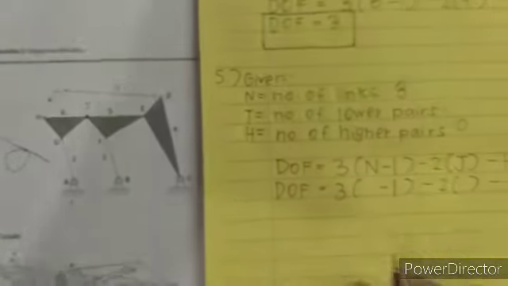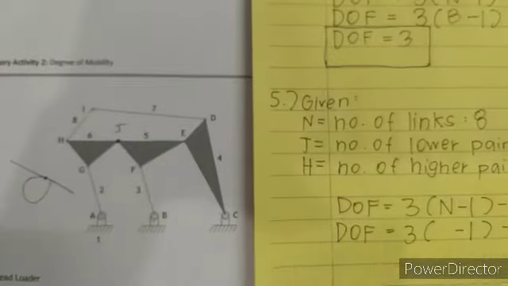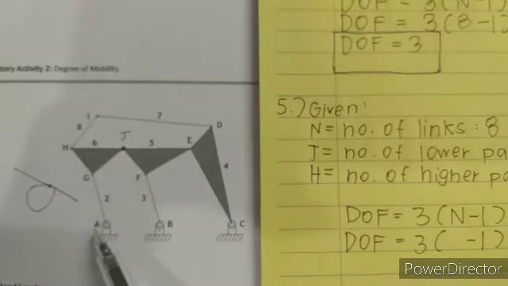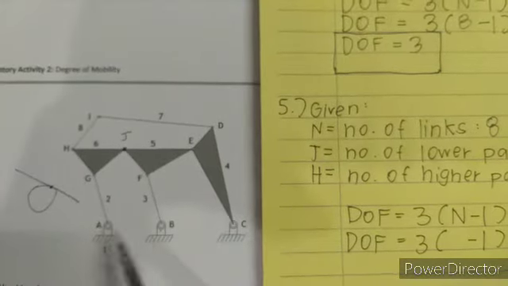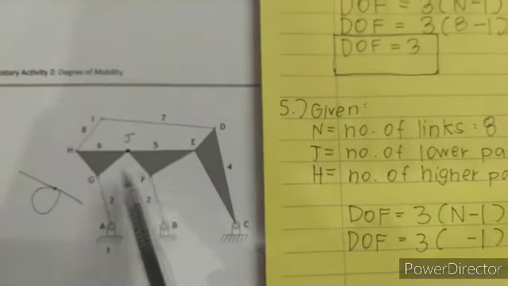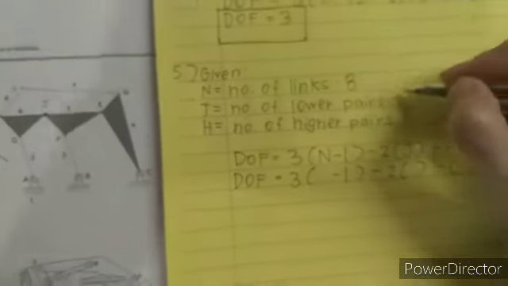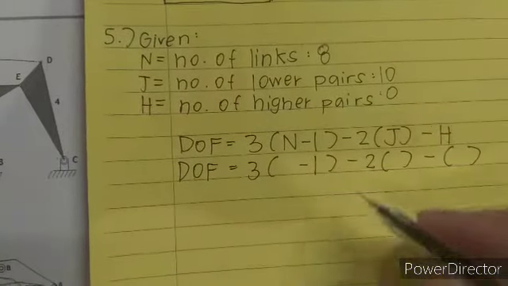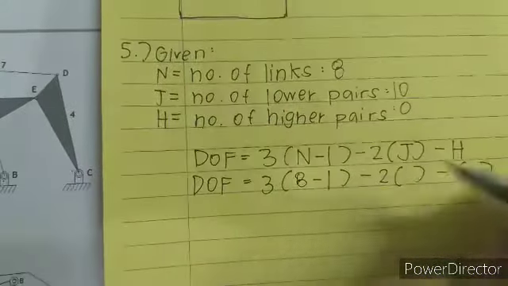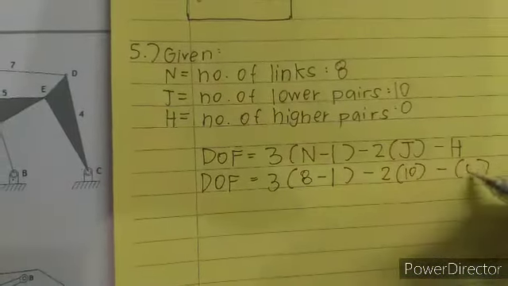So actually, in this mechanism, there are only 1, 2, 3, 4, 5, 6, 7, 8, 9, 10 number of lower pairs. Now, plugging that into Grubler's equation, and 0.